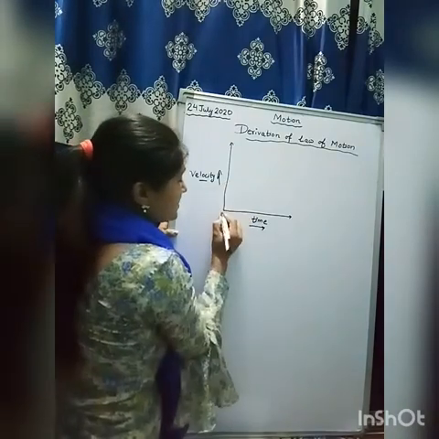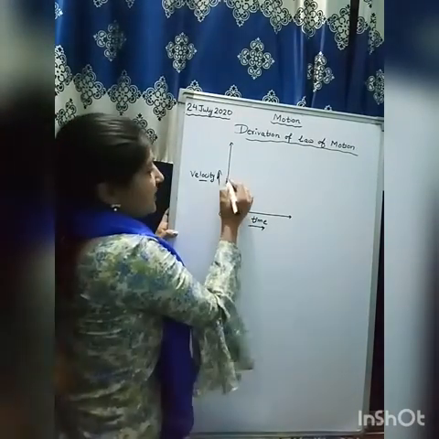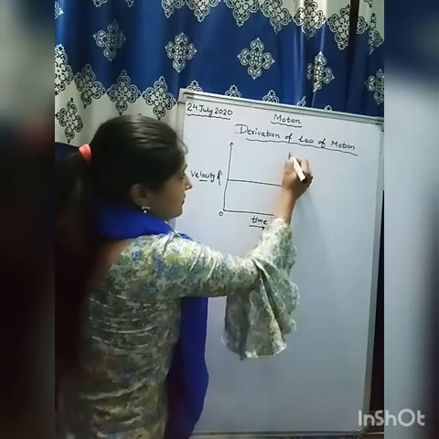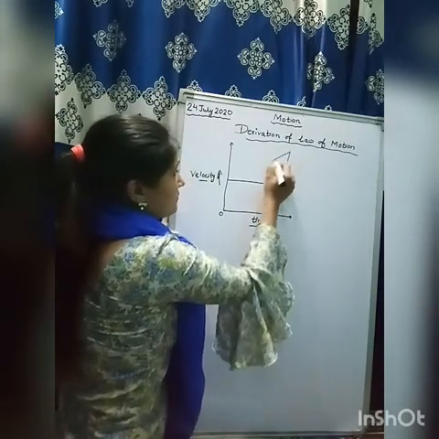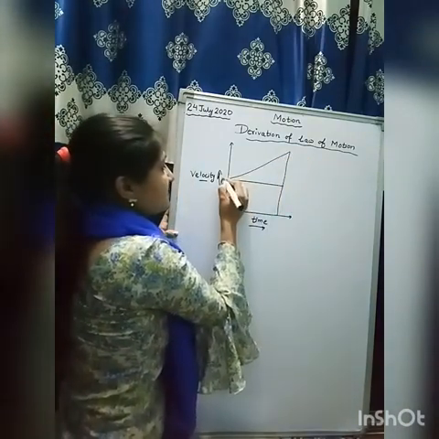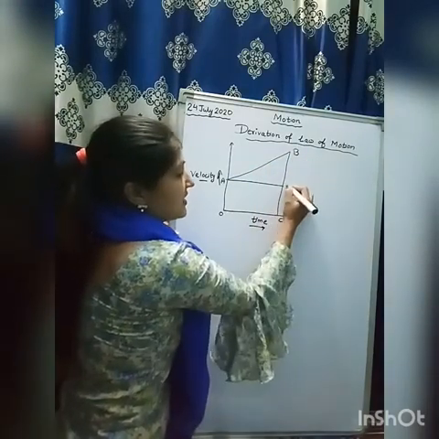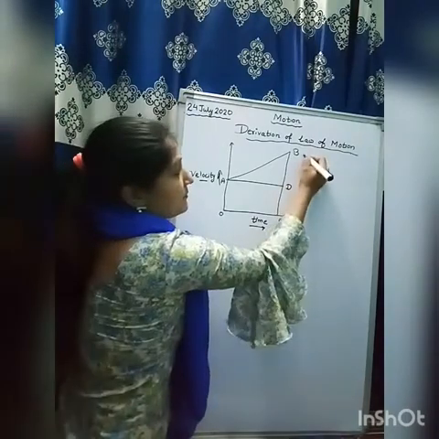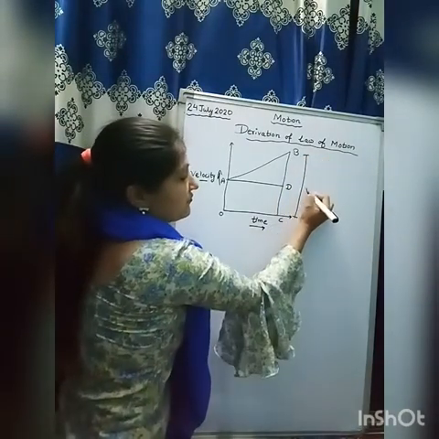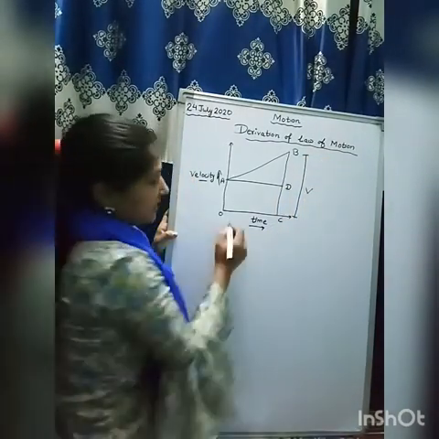Now this is O, and now we will draw a line. This is A, B, C and D. BC is V, that is final velocity.